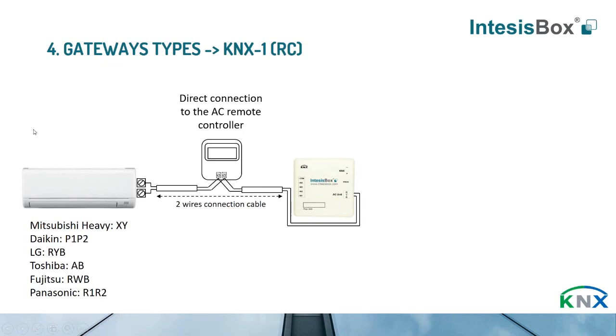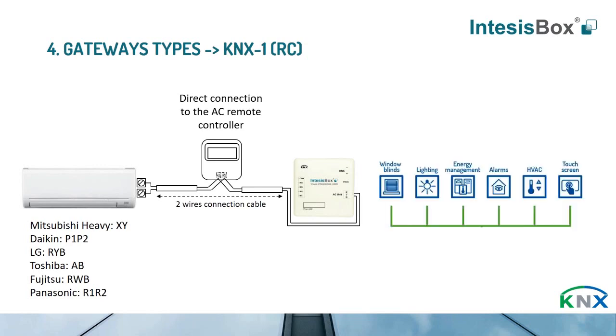For example, as you can see here, for Mitsubishi Heavy, Daikin, LG, Toshiba, Fujitsu, and Panasonic, we are connected to different remote controller connectors, okay? And of course, directly to KNX for the total integration.